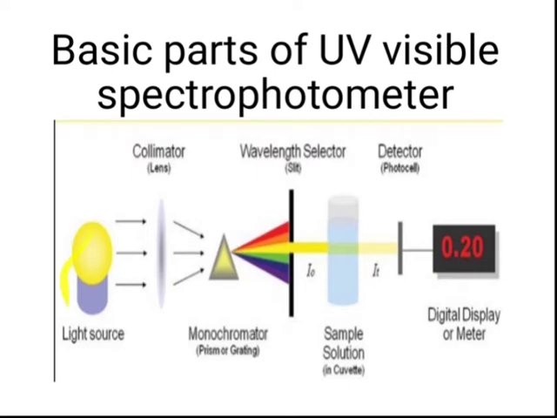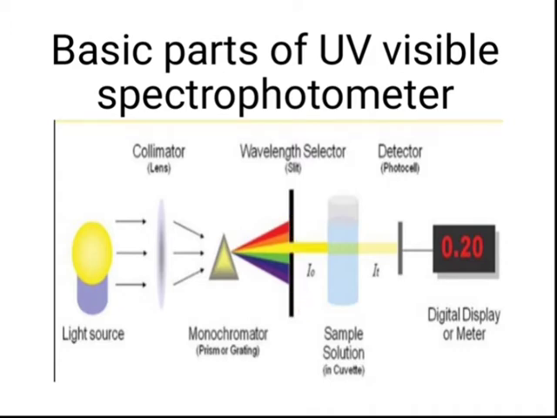There is a need of a light source, which should work in the ultraviolet and the visible region. Here is the collimator. Collimator passes parallel light through it. Then there is a prism or grating which is used as a monochromator to convert polychromatic light into monochromatic light. Then there is a wavelength selector or a slit.